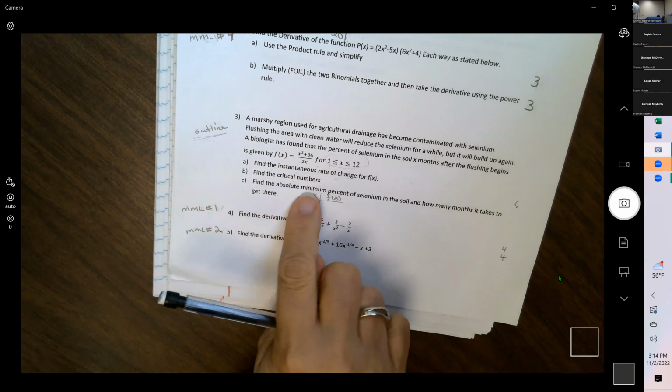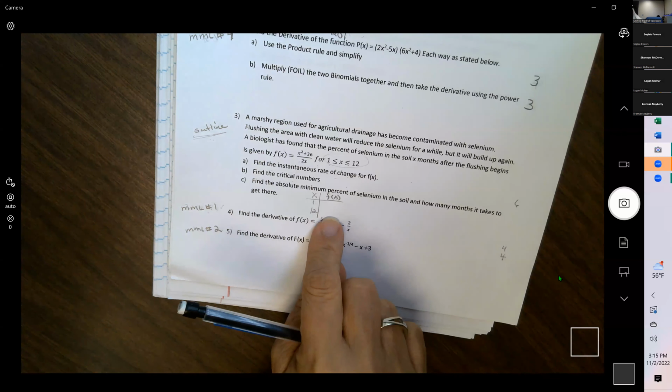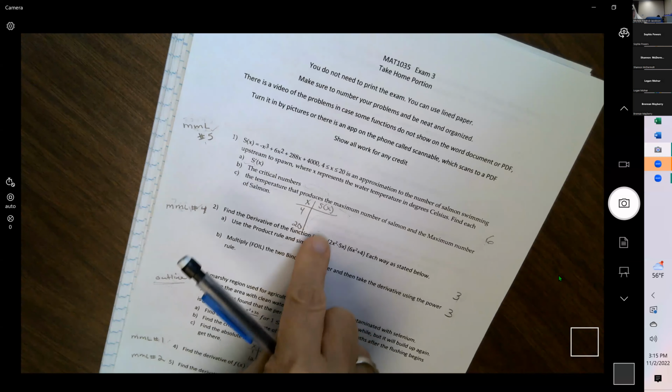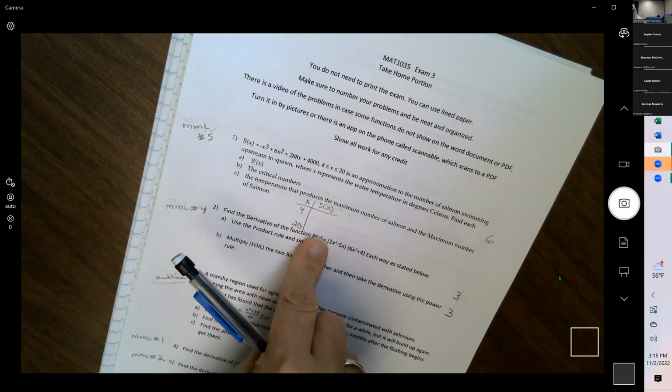And we want the minimum, so then you take the smallest value. So this one wanted maximum, you take the largest. This one wanted minimum. And this one's similar to number 1 on My Math Lab. This one's similar to number 2. Any questions on those derivatives?